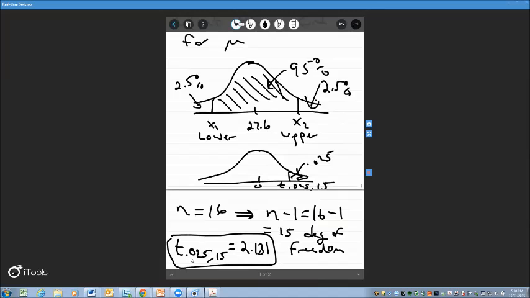So this tells me which column to look in. This tells me which row to look in. I know I wanted the t-value in the 0.025 column along the 15 row.